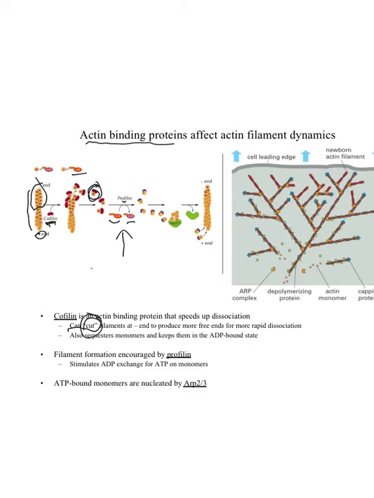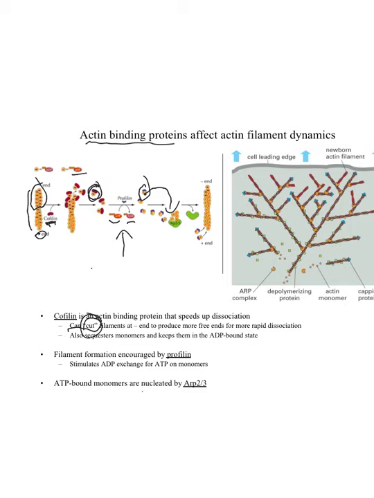So on the previous slide, when I was talking about regenerating the ATP-bound globular actin, profilin is the protein that's promoting that. So now we see profilin bound to the ATP version of globular actin. And then what profilin does is it delivers it to the nucleating protein.